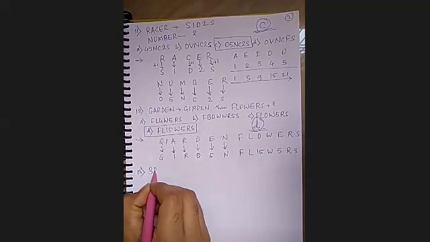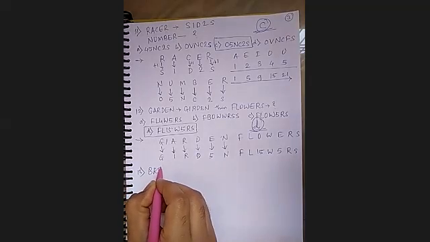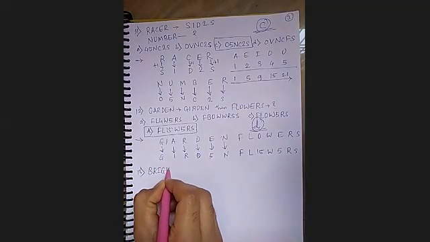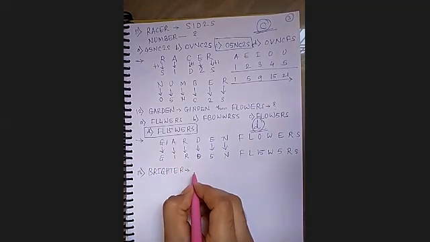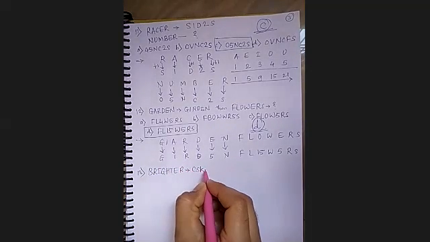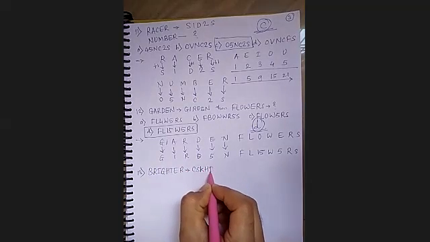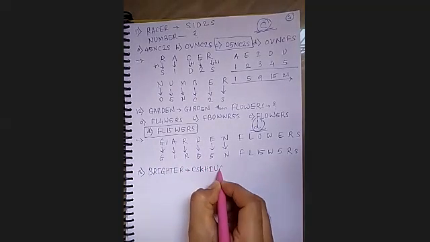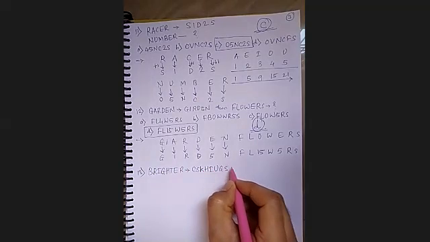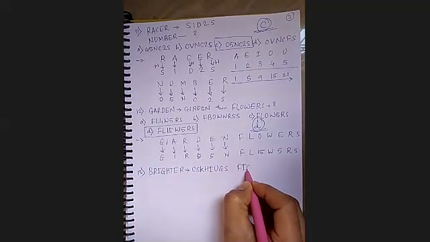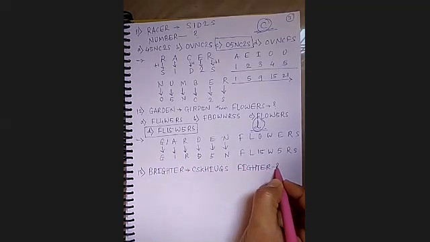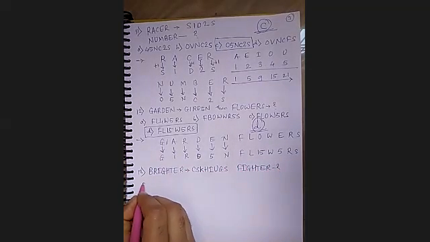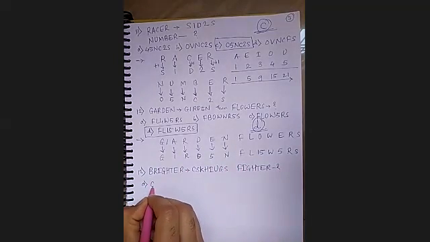Brighter, BRIGHTER, is written as CSKHIUGS. Then how is the fighter written?